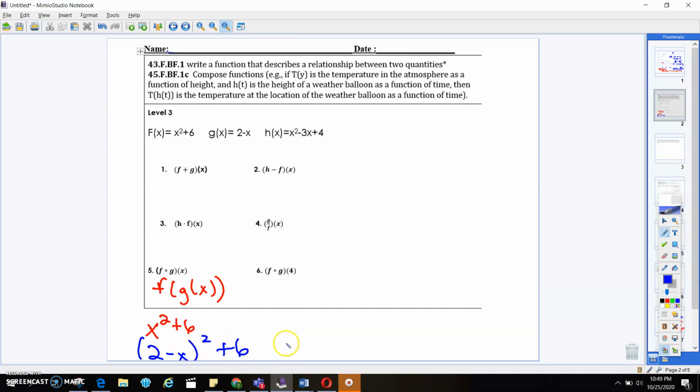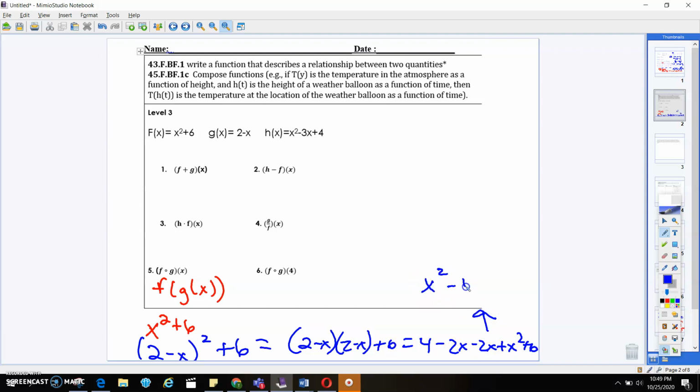So this over here is really like saying 2 minus x times 2 minus x plus 6. We're going to multiply this out, so that's going to give us 4 minus 2x minus 2x plus x squared plus 6. Remember, we want this in standard form, so this is going to give us x squared minus 4x plus 10.